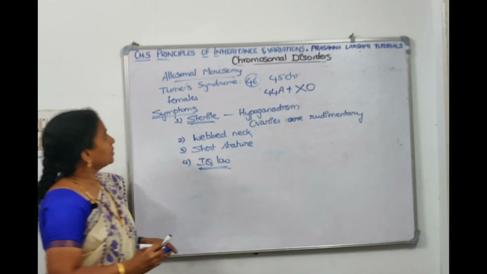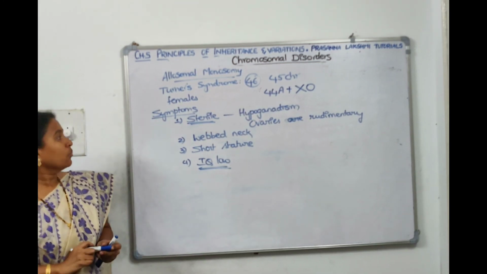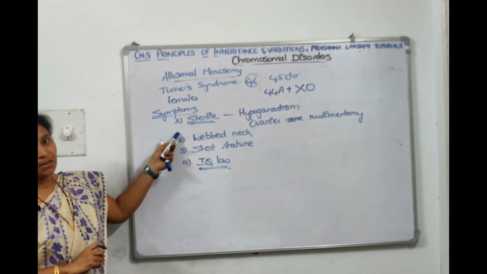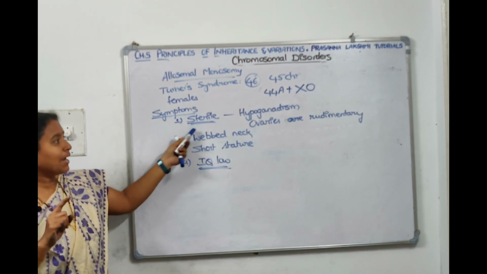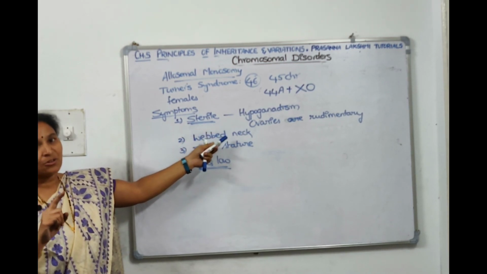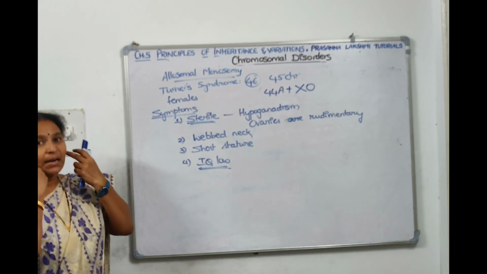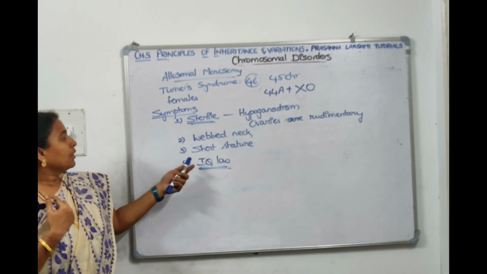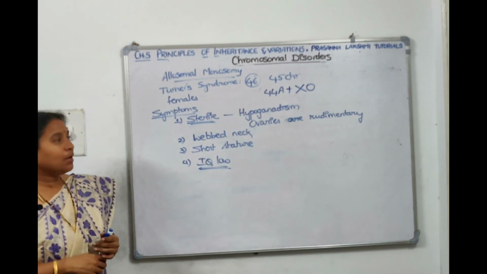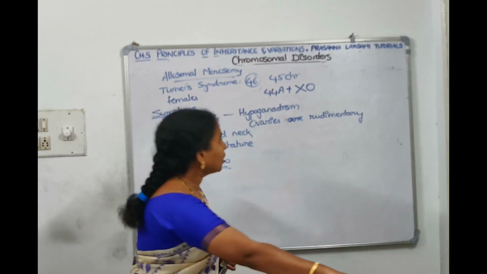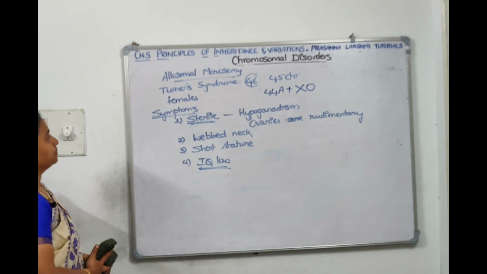So these are the symptoms of Turner syndrome. So in Turner syndrome, they are sterile, because one X chromosome is missing, hypogonadism, ovaries are rudimentary, menstrual cycle will not happen, webbed neck, directly head comes and sits on the body. Then short stature and IQ will be low. Take a screenshot. We'll talk about the last disorder, which is called as Klinefelter syndrome.